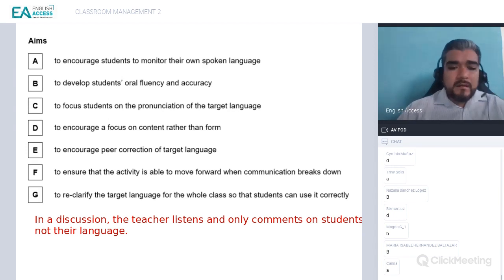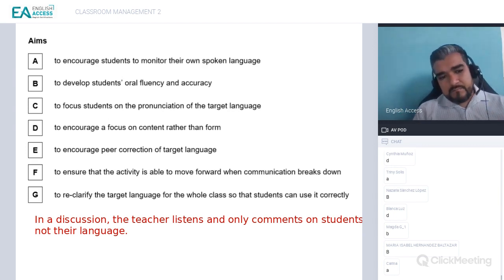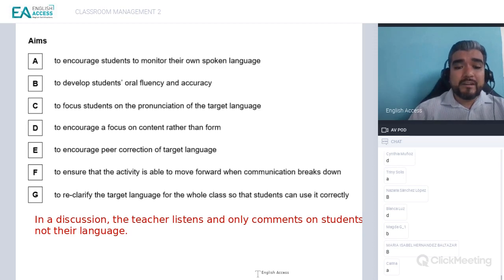Well, in this case, since the focus is on the ideas and not on the language, what we're talking about is that the students are going to focus on the content. It's one more time the letter D because they focus on the content, on the ideas, not on the form, not on the language, not on the mistakes. So this one was, one more time, letter D, everyone.